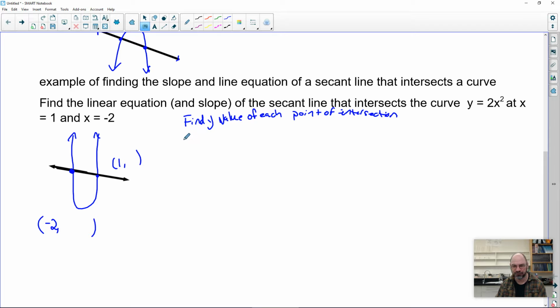We just substitute: y equals 2 times -2 squared, which is y equals 2 times 4, which equals 8. So we've got -2 and 8. And the next one is with 1, so y equals 2 times 1 squared, y equals 2.